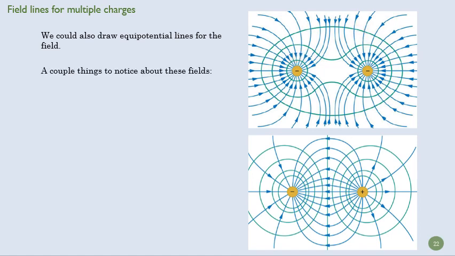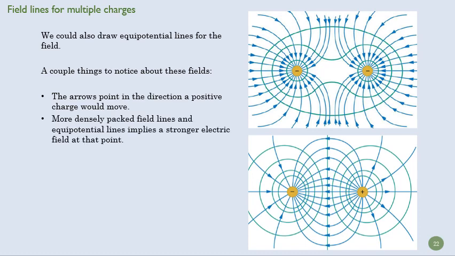A couple of things to notice about these fields. Here's another field with a positive and a negative charge in it. The arrows always point in the direction a positive charge would move. So make sure you're thinking about what kind of charge you're putting into the field when you think about what direction it's going to move.